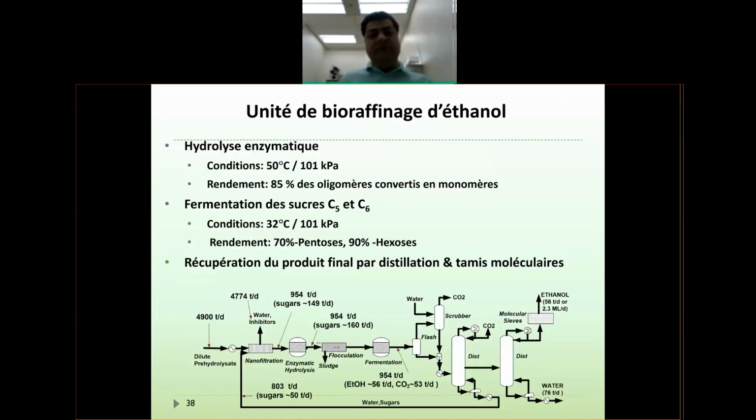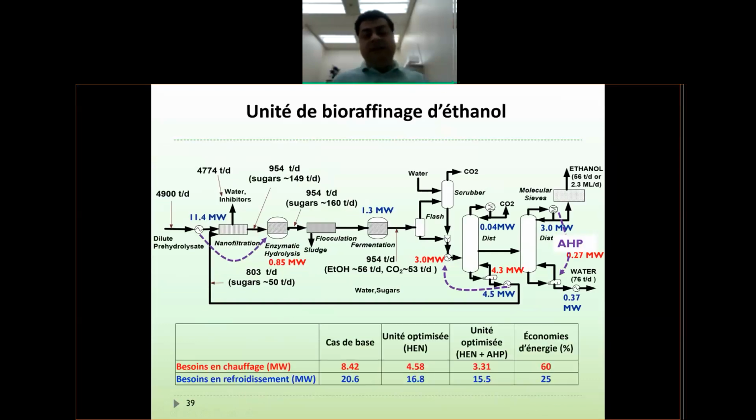This is another example. This is the process for an ethanol biorefinery. If you remember in previous weeks, we presented how ethanol can be produced through fermentation from biomass. The same analysis has been applied to this process.